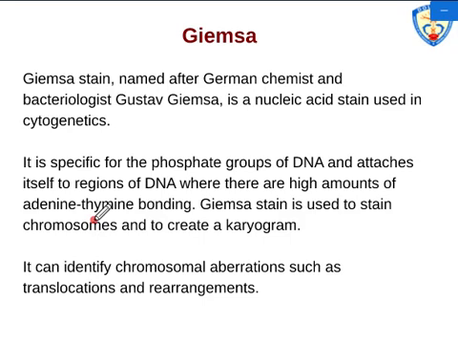Giemsa stain is used to stain chromosomes and to create karyograms. It can identify chromosomal aberrations such as translocations and rearrangements.